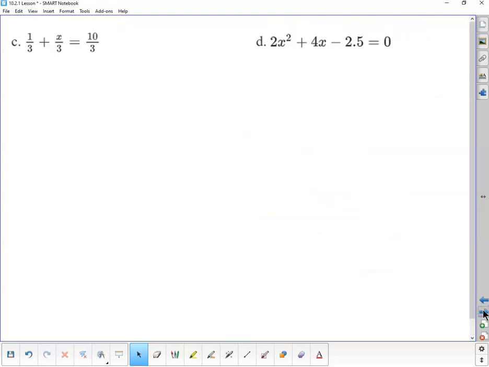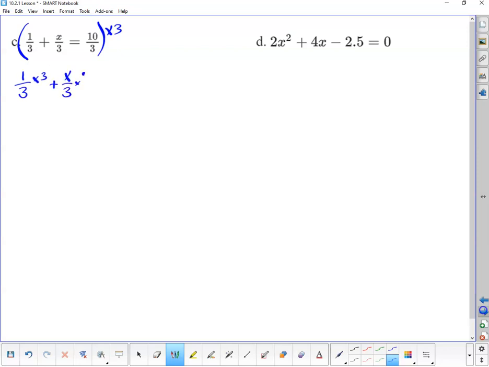So rewriting definitely has its benefits. And so here's a problem. We have 1 over 3 plus x over 3 equals 10 over 3. The idea here is to multiply everything times 3. So this becomes 1/3 times 3 plus x over 3 times 3 equals 10 over 3 times 3.